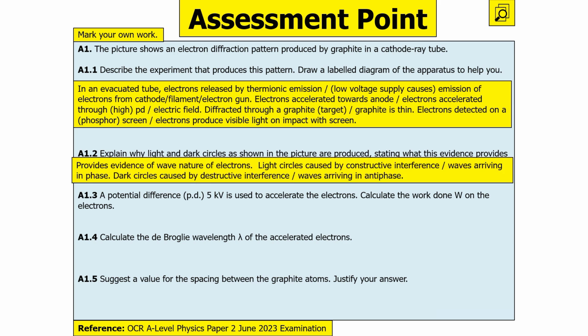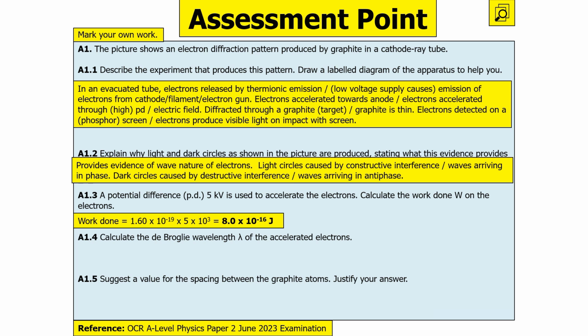Now this provides evidence for the wave nature of electrons, because electrons are diffracting. It's a wave process. Now the light circles are caused by constructive interference taking place, where the waves arrive together in phase. The dark circles are caused by destructive interference, where the waves of the electrons are arriving in antiphase.